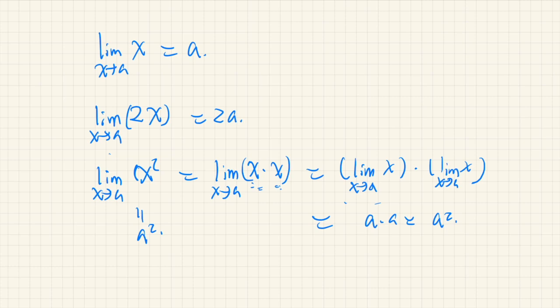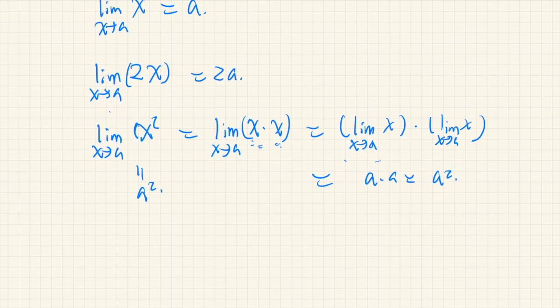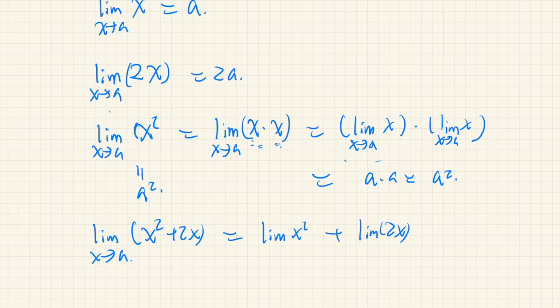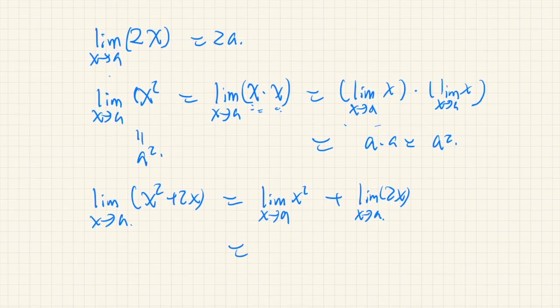And this applies to any polynomial function of x. So now we have the limit of x squared is equal to a squared. Now consider the polynomial, for example, x squared plus 2x. Again from the linearity, this is the limit of x squared plus the limit of 2x, both as x goes to a. Then we know that the first limit is a squared and the second limit is 2a.